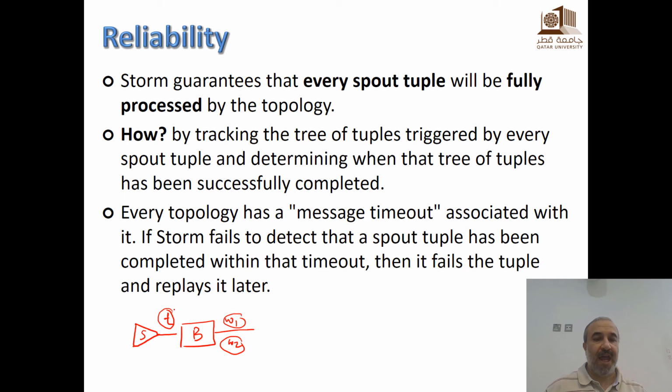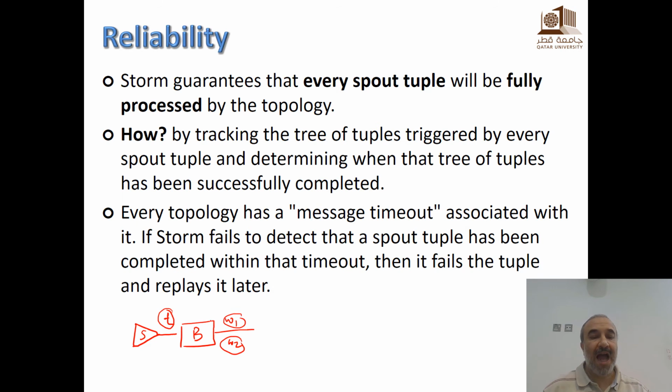Okay? If one of these fails to be generated or to be processed for some reason, then this tuple will be replayed from the spout, of course, if the spout is reliable.